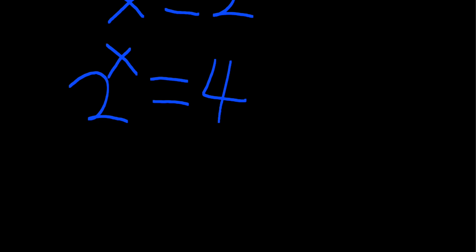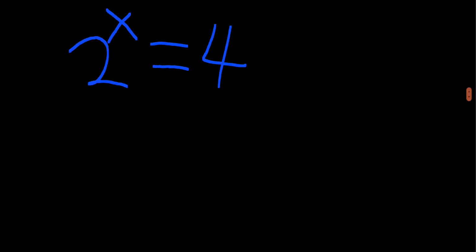Every number is a base to exponent 1. So how can we write this so that they will have the same base? We know that 4 can be written as 2 to the second power.